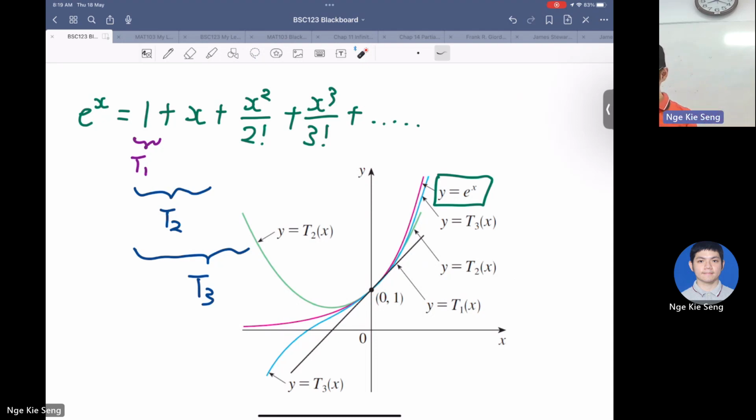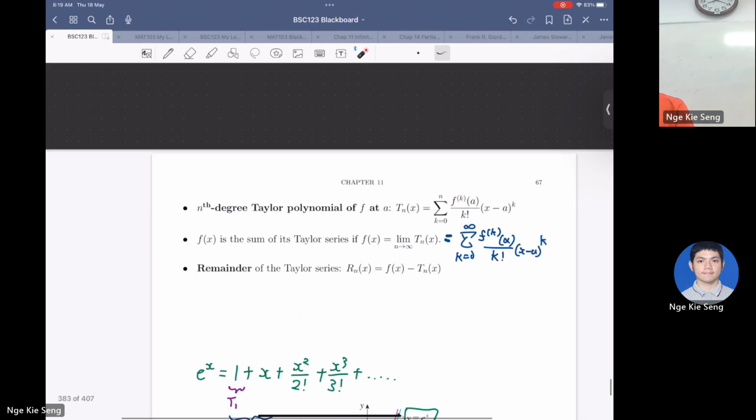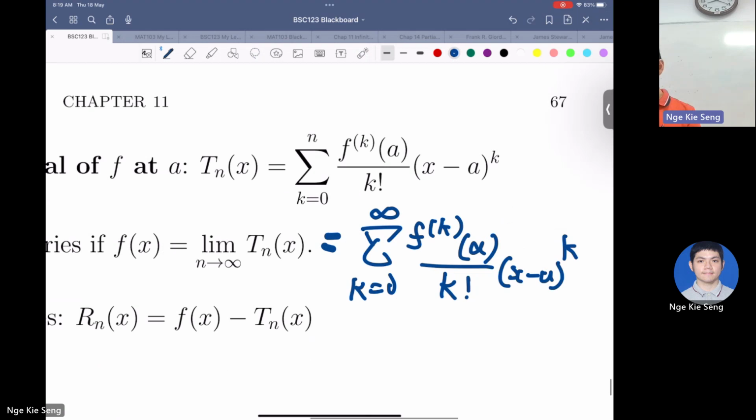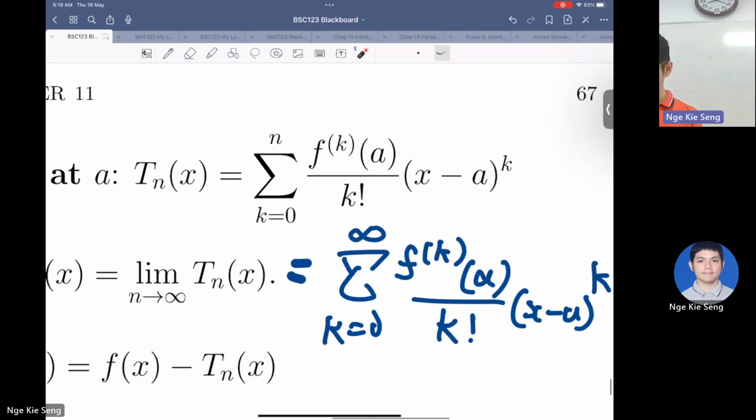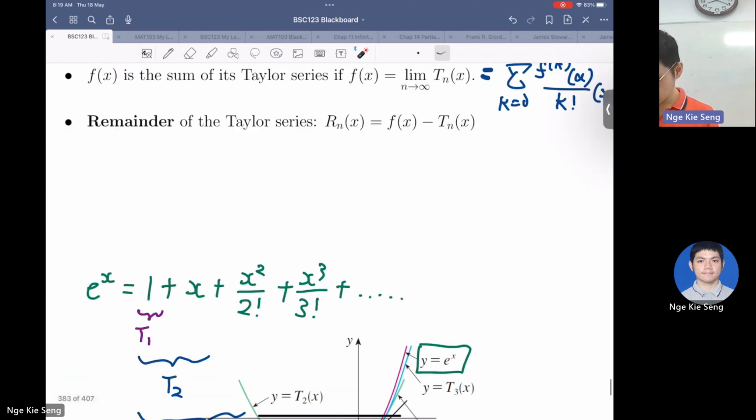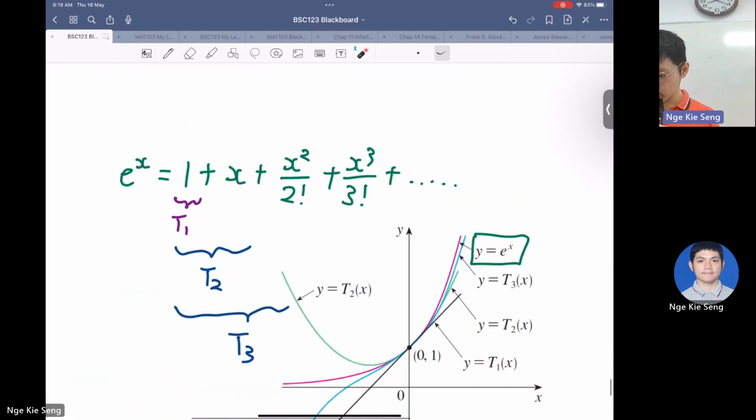I think T1 should be something like this, right? Let me see. Oh, okay. You can see that the index here actually starts with 0. So we include the constant term in every degree.